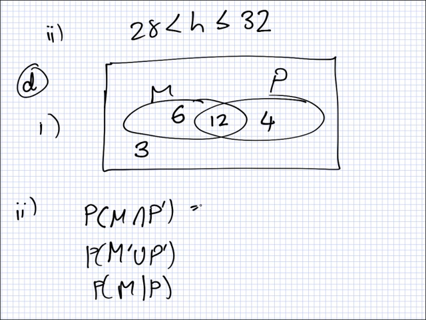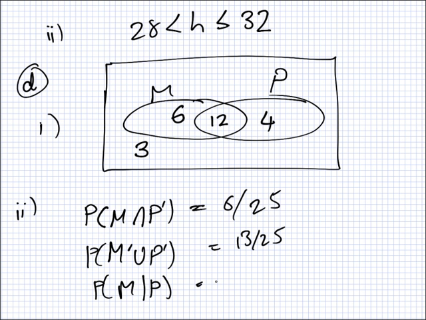Maths and not physics is 6 over 25. Not maths is 3 and 4, union not physics, which includes the 6 now. So basically everything except the 12 in the middle. That's 6, 9, 13 over 25.